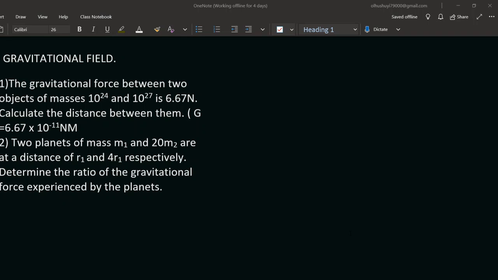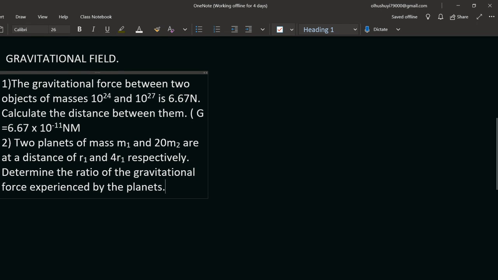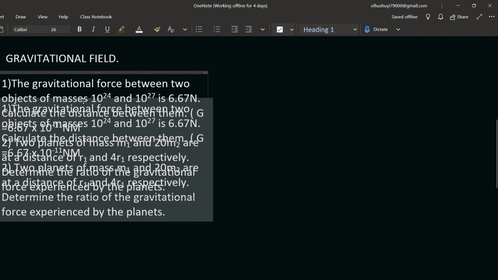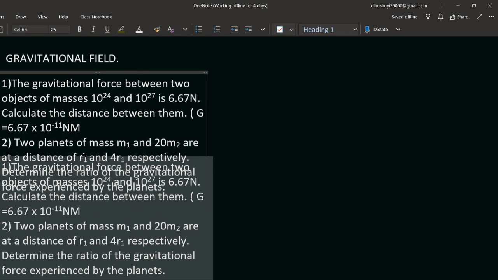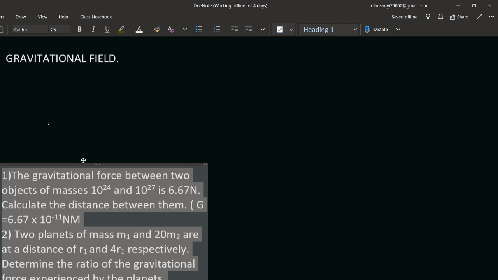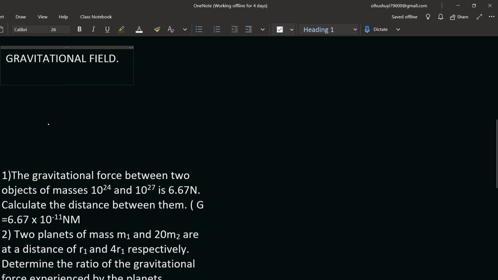It is what we need to solve the problem we have at hand. It is a gravitational constant and it is always given. So here we go. Okay, let's do this. Yes, we can easily solve.